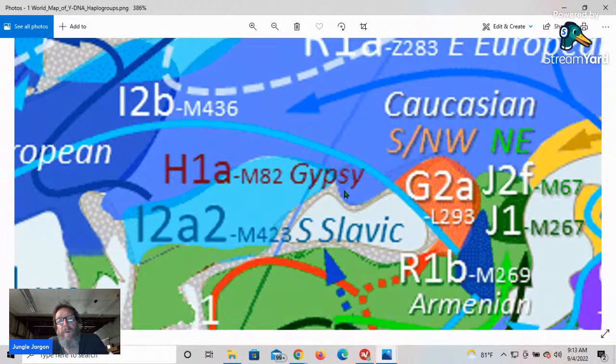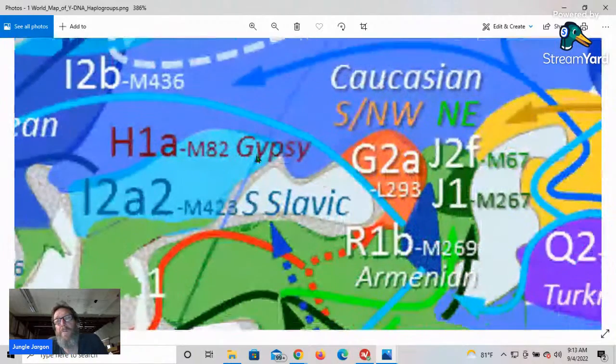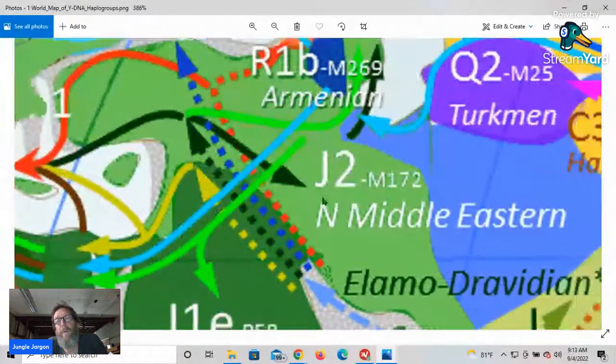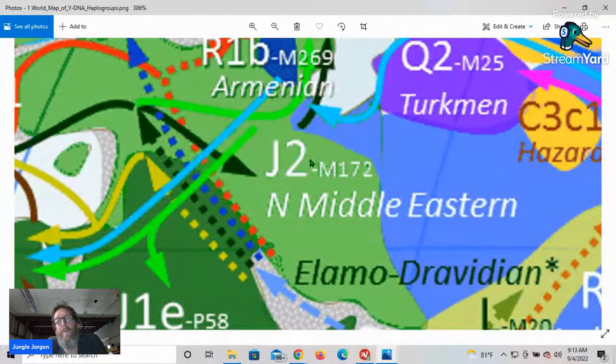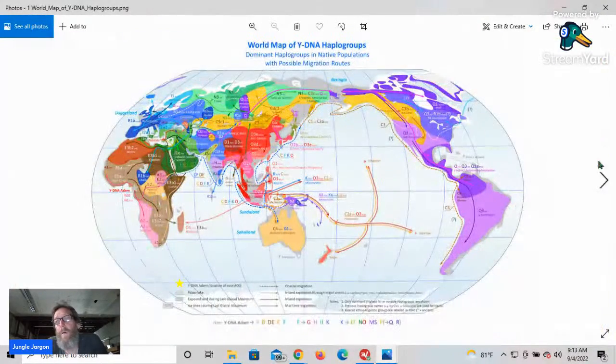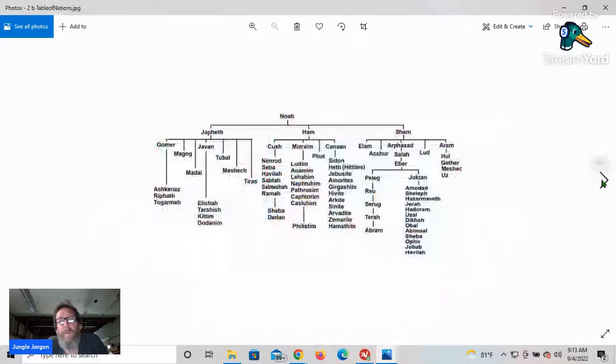But if you look at the second largest Y haplogroup in the Gypsy population, it is J2, and they claim to be Judaic. It's not J1, it's not I2, it's J2. So I don't know if I could find it.